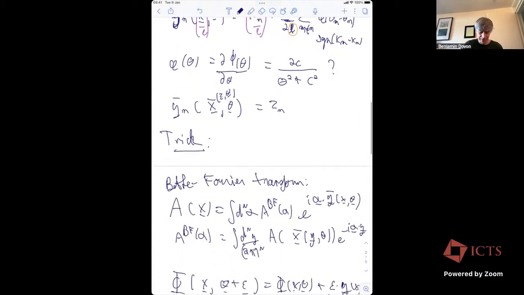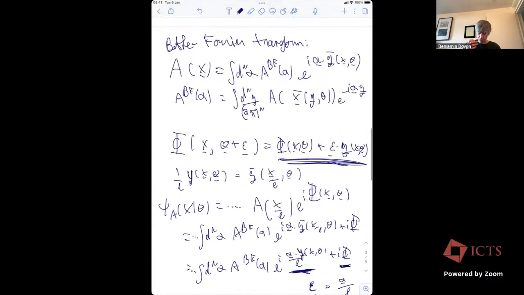The trick is that you modify your Fourier transform a little bit by combining it with this change of coordinate from the x original coordinate to the contracted one. And it turns out, that's the beauty of it, that this change of coordinate is nothing else but the leading modification of the Bethe phase under a small modification of rapidities.